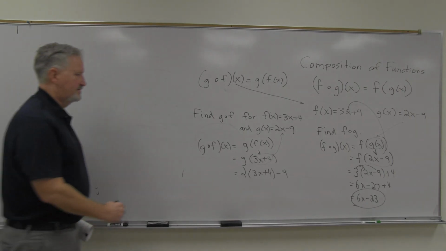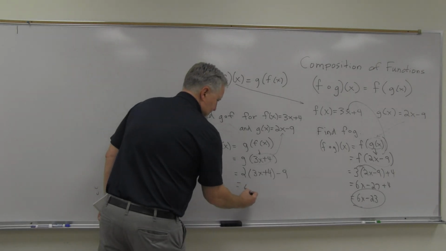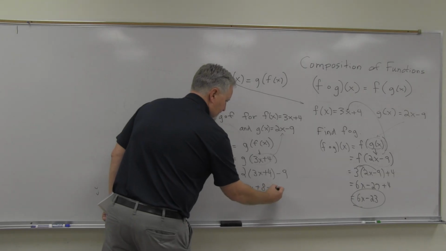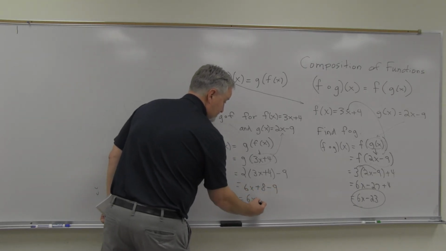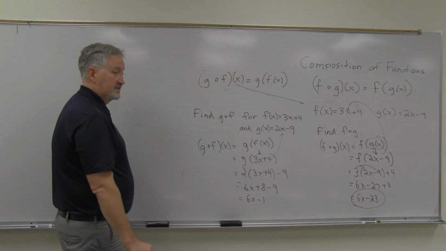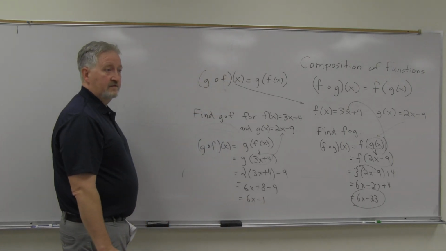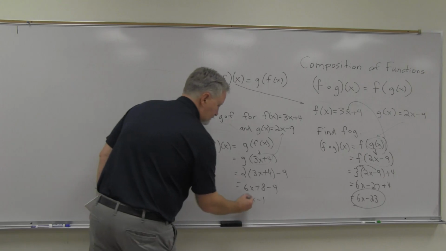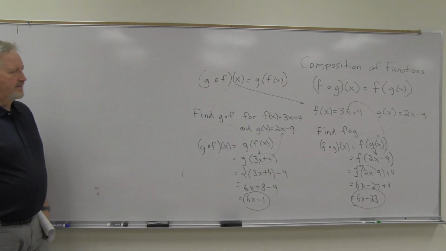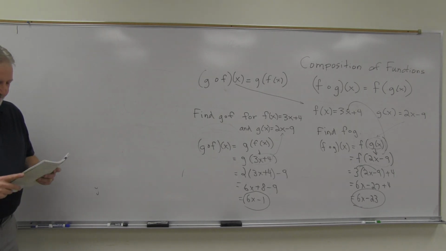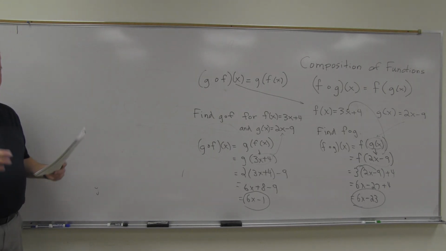That's going to give us a little something different. 6x plus 8 minus 9. 6x is the same, but the constant is minus 1, isn't it? 6x minus 1? Yes? Is that what you get? So they're different. Slightly different. Sometimes they're a little more different than others. Okay.